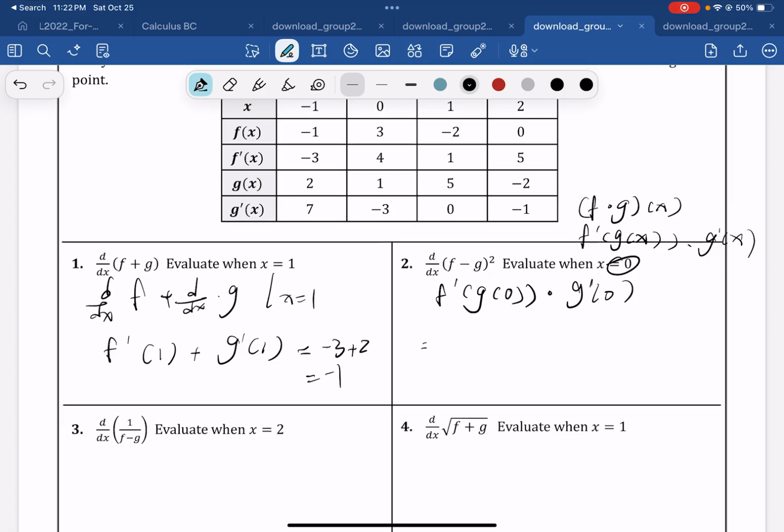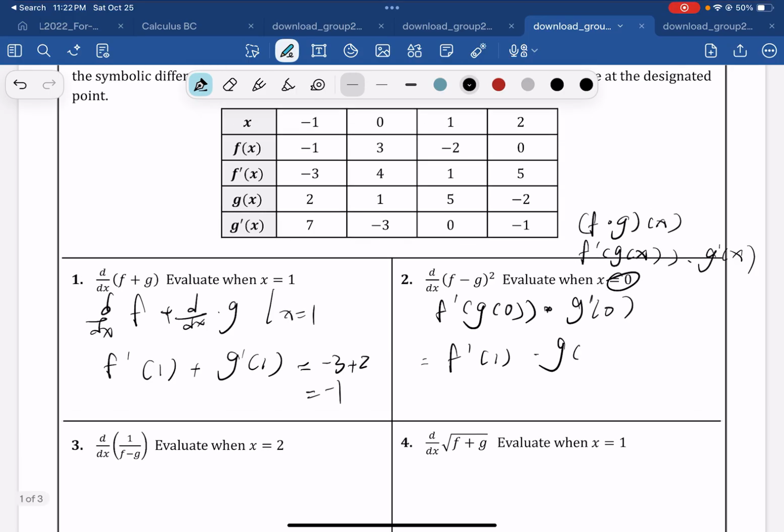Alright, so f prime of g of 0 equals 1, so f prime is 1 times g prime of 0, which is -3. F prime of 1 is 1, so 1 times -3 is -3.